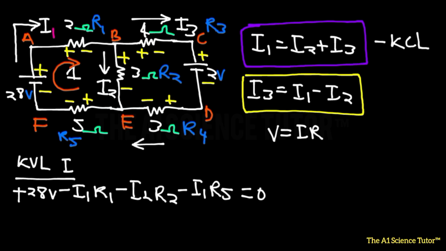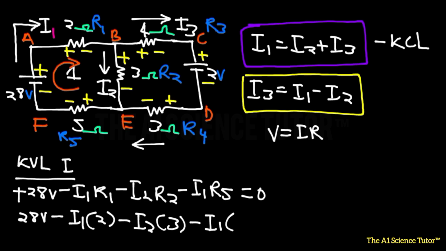So right now we're going to have 28 volts minus I1 multiplied by R1. R1 in this case is 2 ohms, so I just got to write that there. Now R2, that is our 3 ohms. Now R5, that is our 5 ohms.